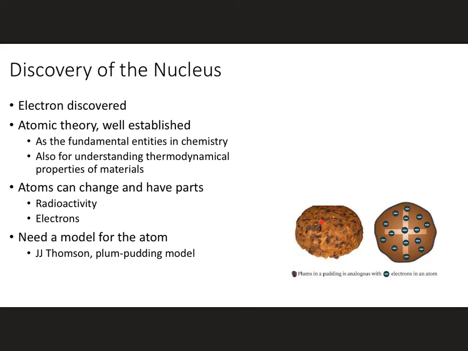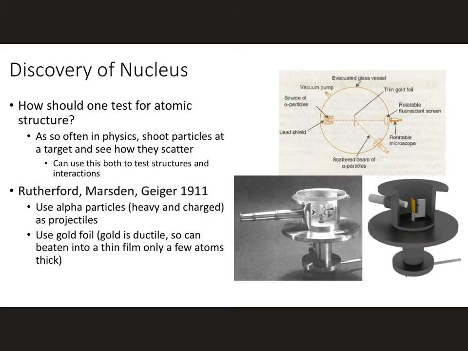So you have the various plums inside the plum pudding, or more likely, you have this uniform positive charge medium in which the electrons move around, giving you a neutral charge in total.